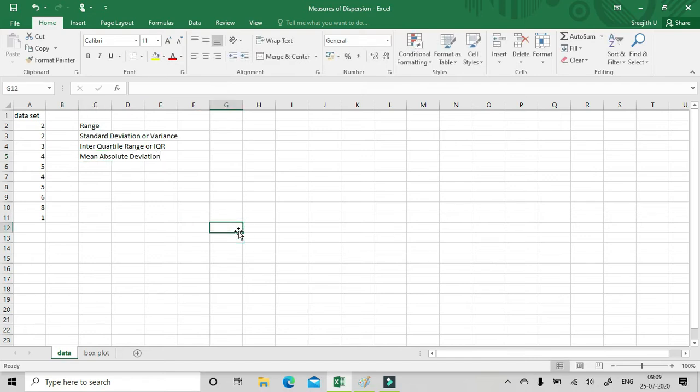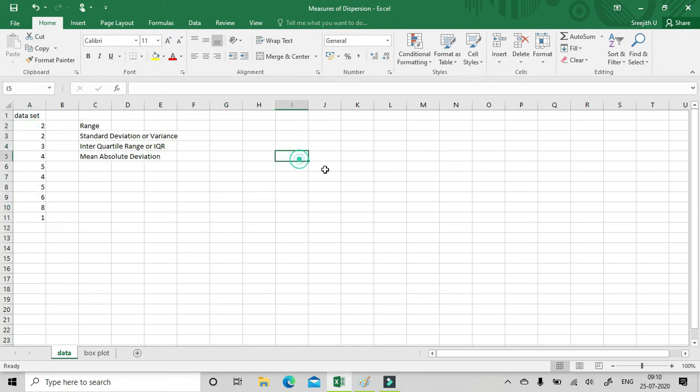Okay, so now let's look at the data set. We have the original data set 2 2 3 4 5 4 5 6 8 1. It's always good practice to arrange data in ascending order. Now there are 10 numbers in this.